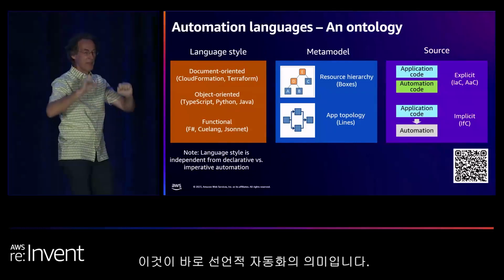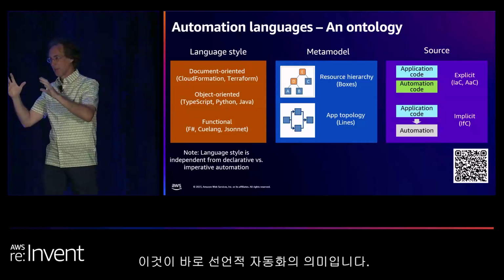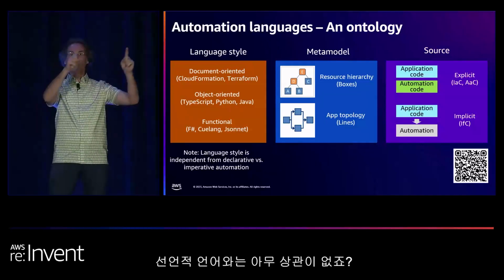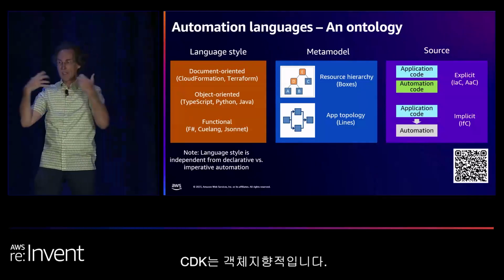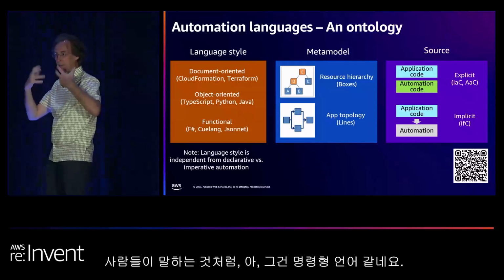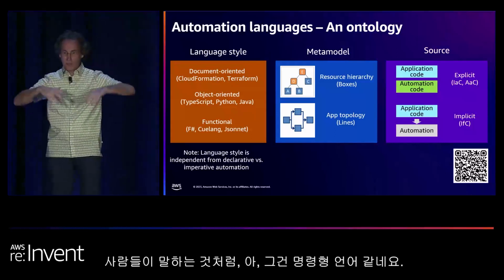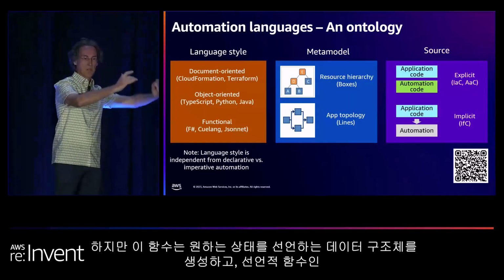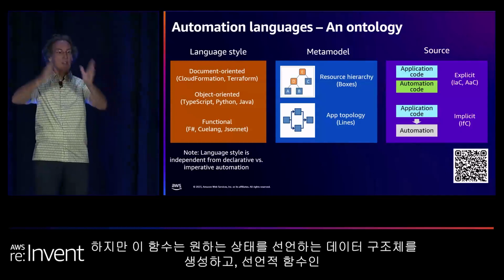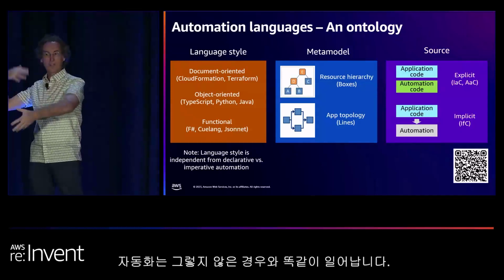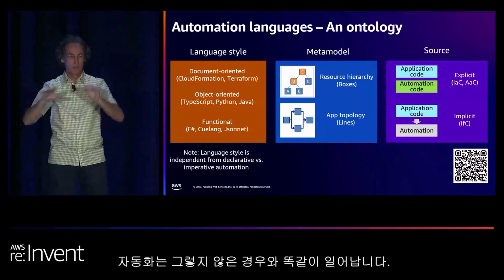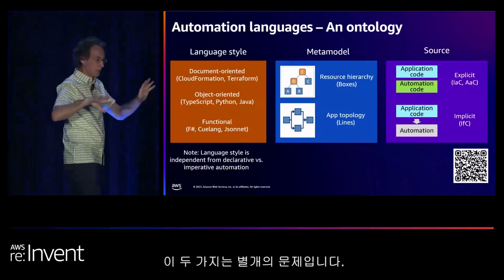That's what we mean by declarative automation. That has nothing to do with declarative languages, right? CDK is object-oriented, and people say, oh, that's like an imperative language, fair enough. But what it does is produce a data structure that declares the desired state, and the declarative automation happens just like it would otherwise. Those are 2 separate concerns.